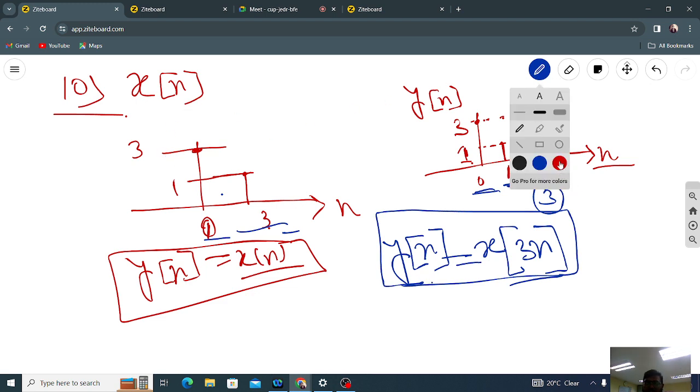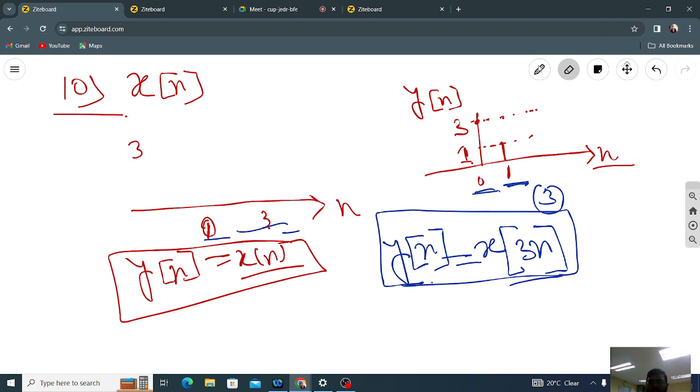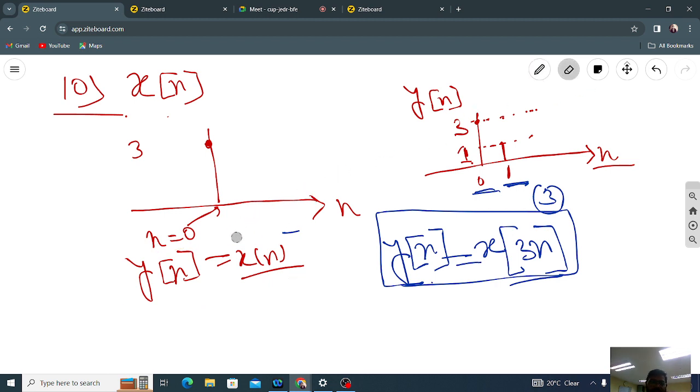So again I am just repeating the question as the question was wrong the first time. The signal x of n is taking a value 3 at n equal to 0, and at n equal to 3, one, two, three, it was taking a value of 1.